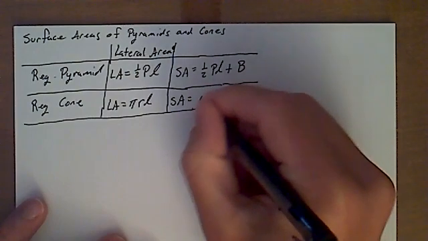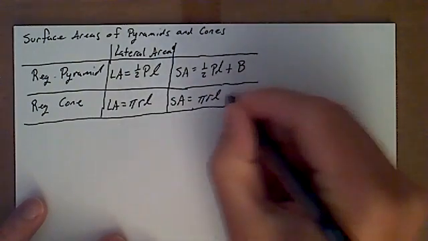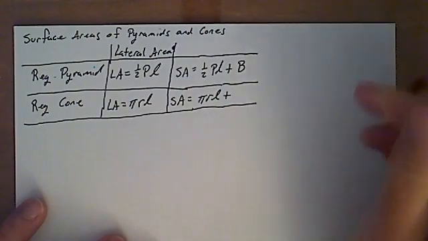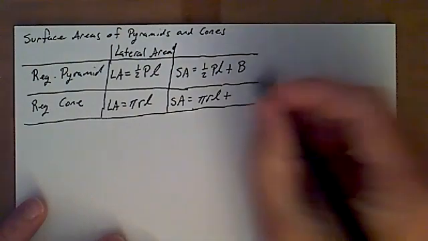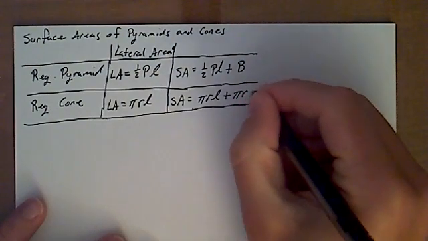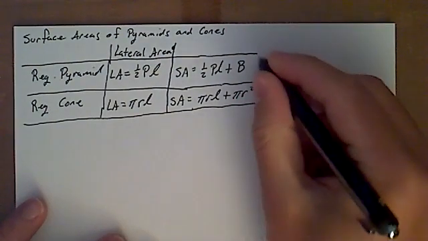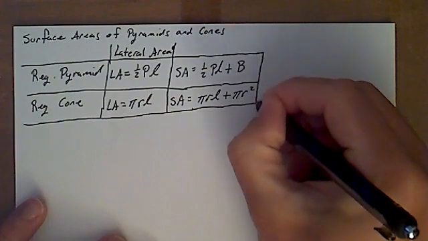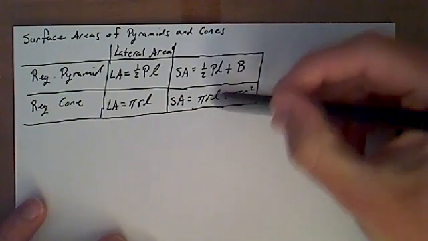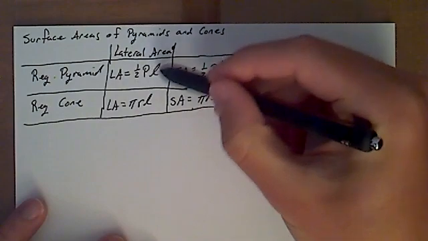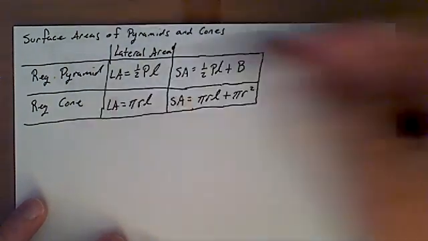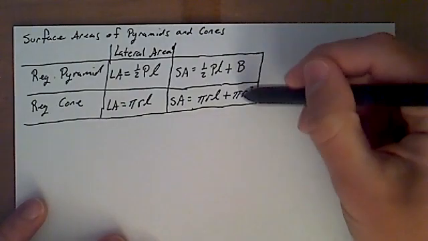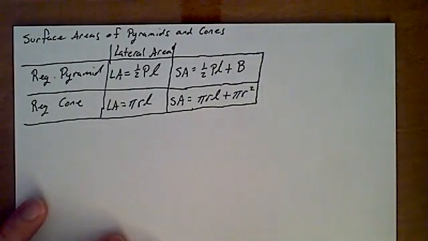And this would be pi r L, the lateral area, plus the area of the base. The base for a regular cone is always a circle, and the area of a circle is pi r squared. Right? So half of the perimeter times the slant height is pi r L for a cone, and the base is pi r squared. Right?